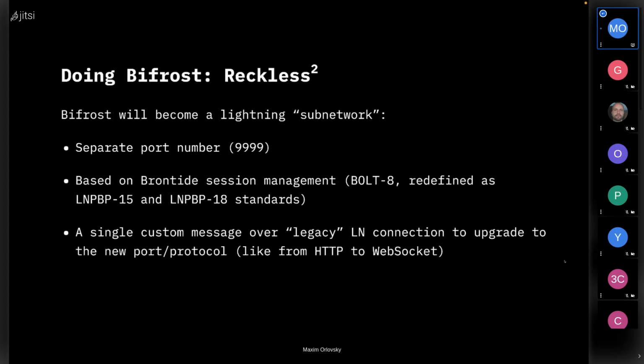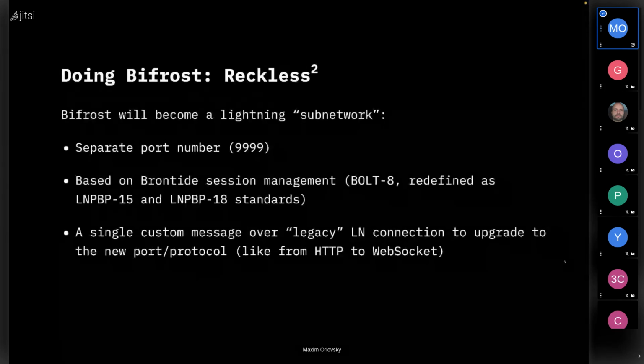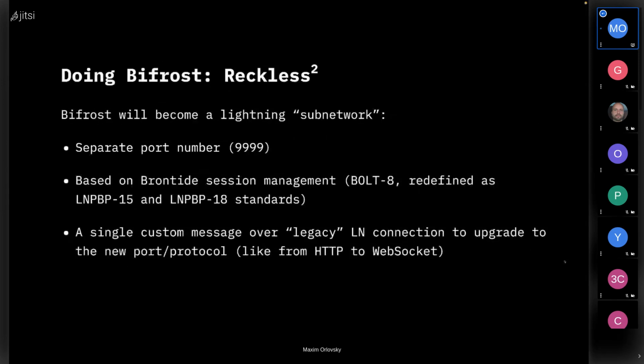So it is still the same Bolt 8 functionality, fully interoperable with the Lightning Network, but just more clearly separated between layers. And we will have a way for two Lightning nodes connected over the Lightning Network to exchange a message to start an upgrade process and open a separate Bifrost connection over this special Bifrost port number.